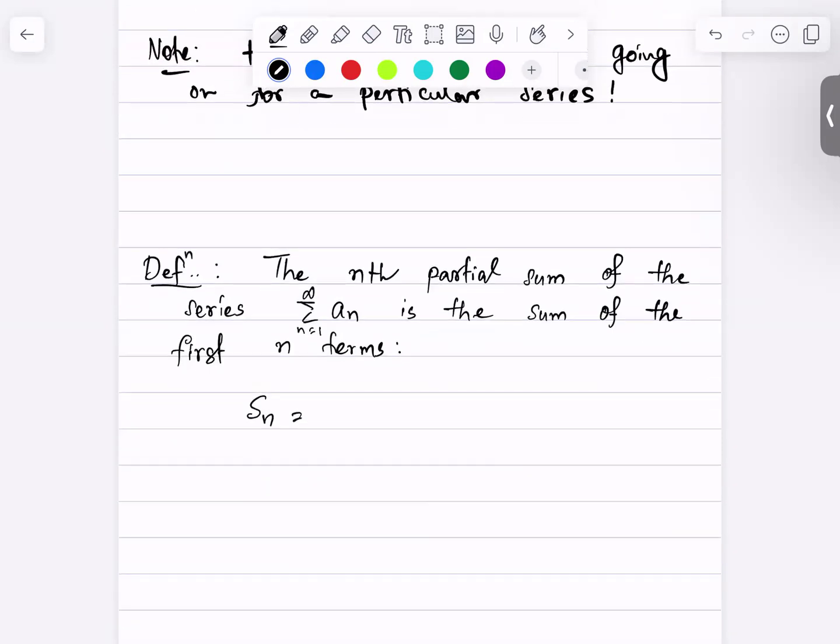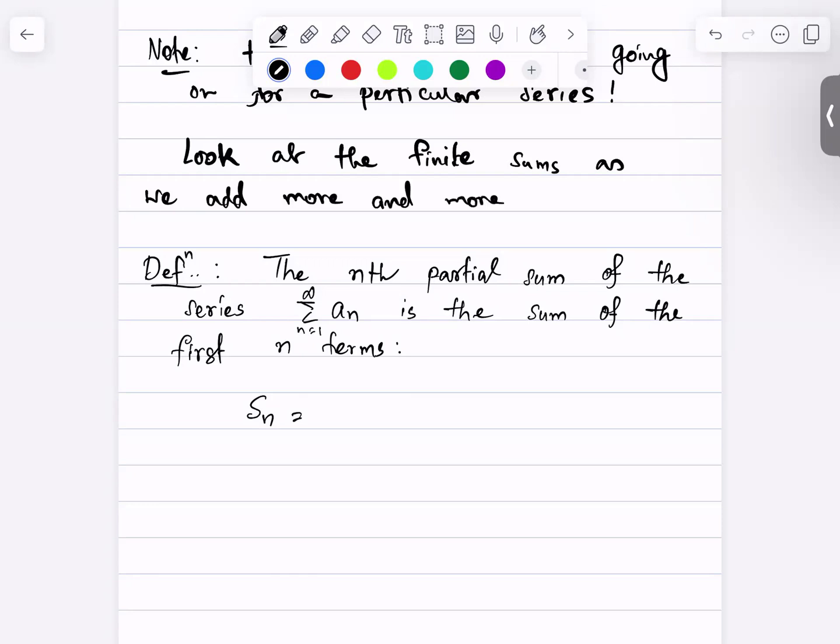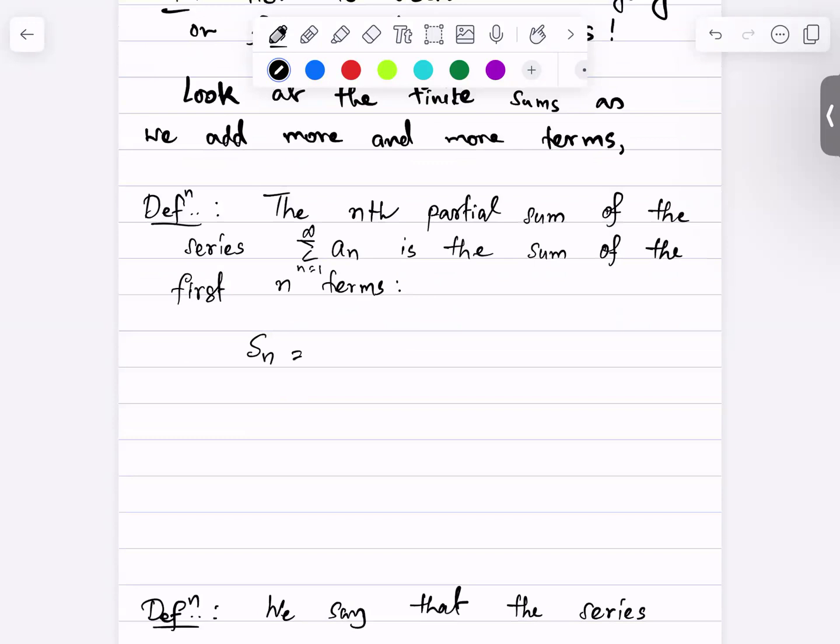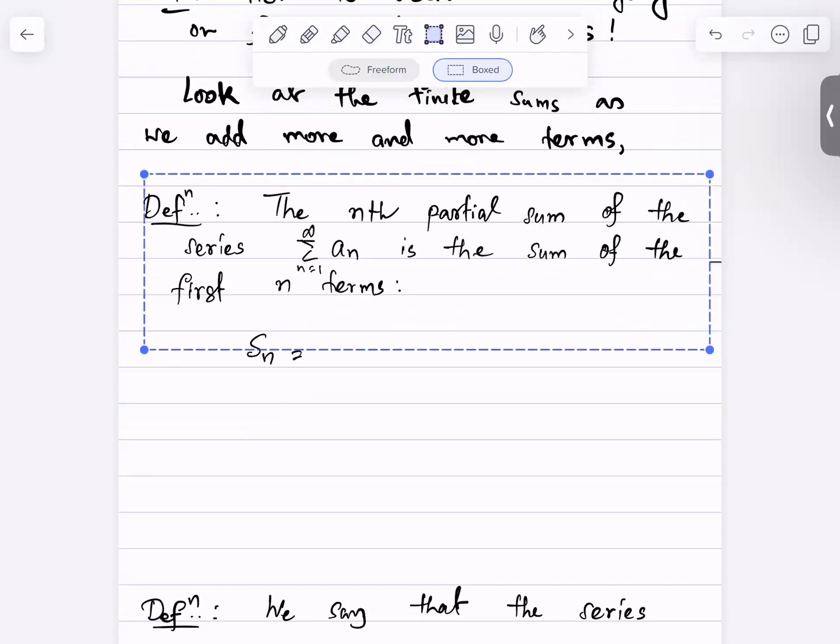What we do often is we just look at the finite sums as we add more and more terms, and we try to justify or guess whether the sum is going anywhere.